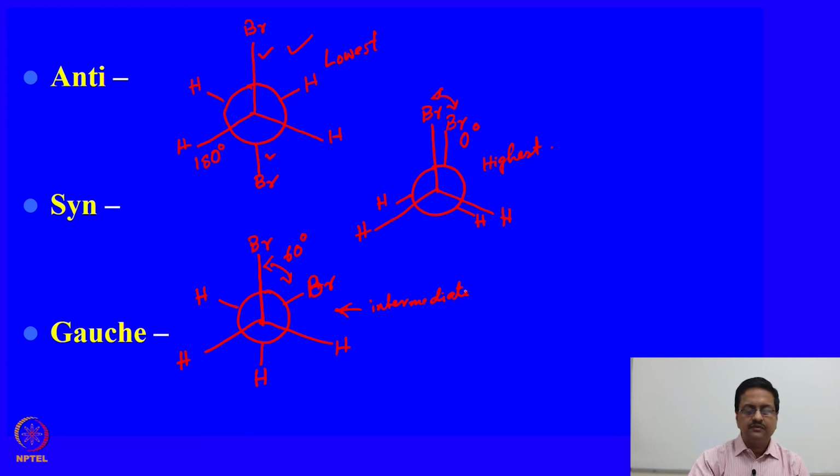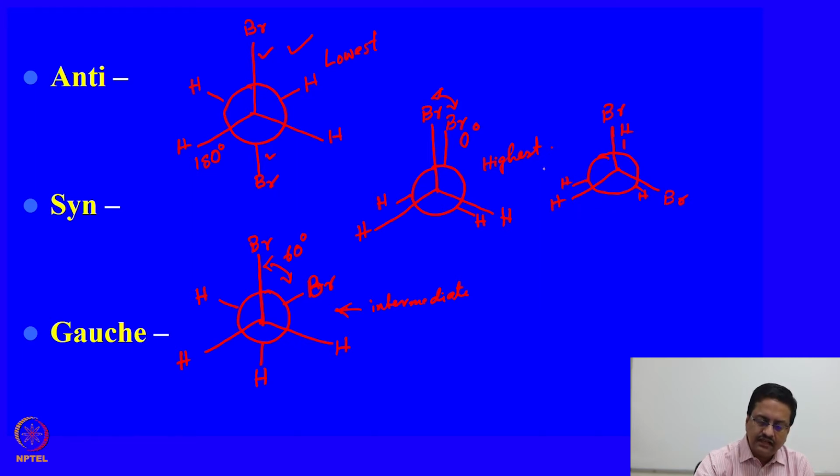There is another syn conformation that is possible in this particular case of dibromoethane, where the bromine and hydrogens are eclipsed instead of two bromines being eclipsed. So, this syn has slightly lower energy compared to this syn conformation.